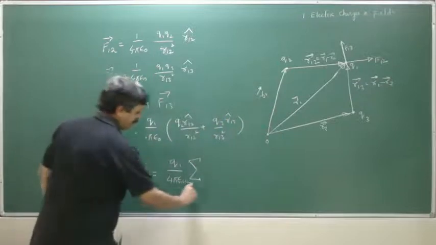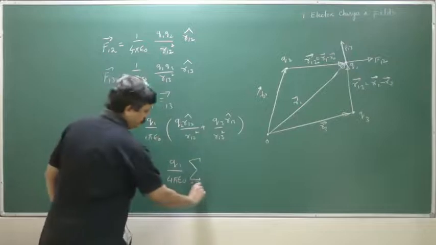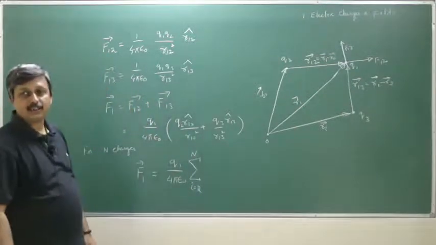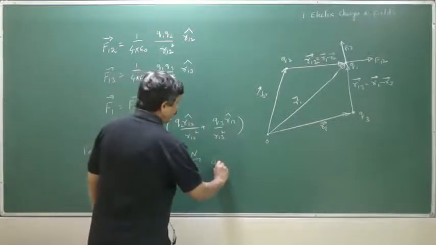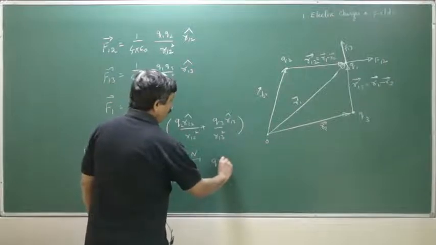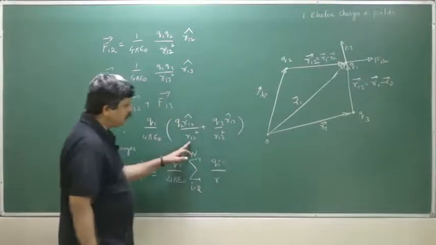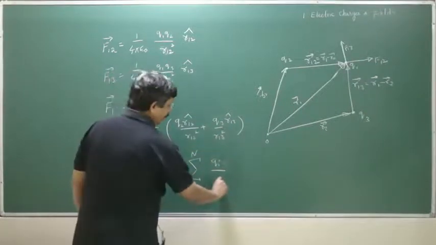So if I take some variable i that starts from 2 to n, I can write qi divided by r1i square into r1i cap, see here 12, here 13, 14, 15, like that.